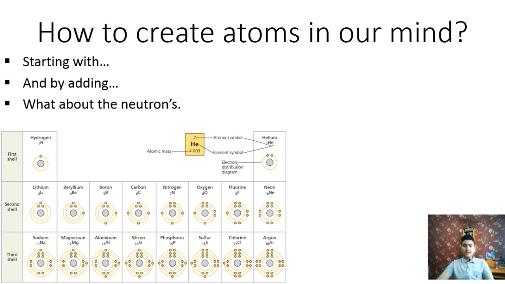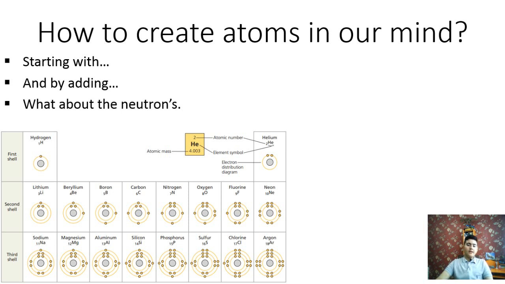As you can see, the elements are arranged in 3 rows or periods, which correspond to the number of electron shells in their atoms.